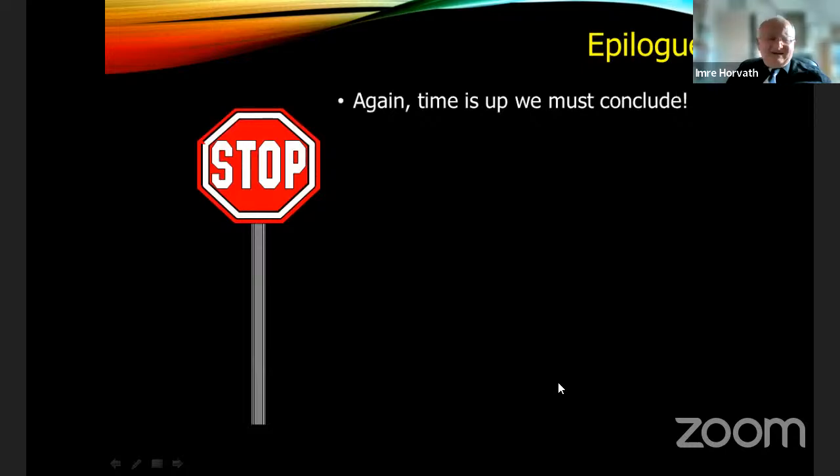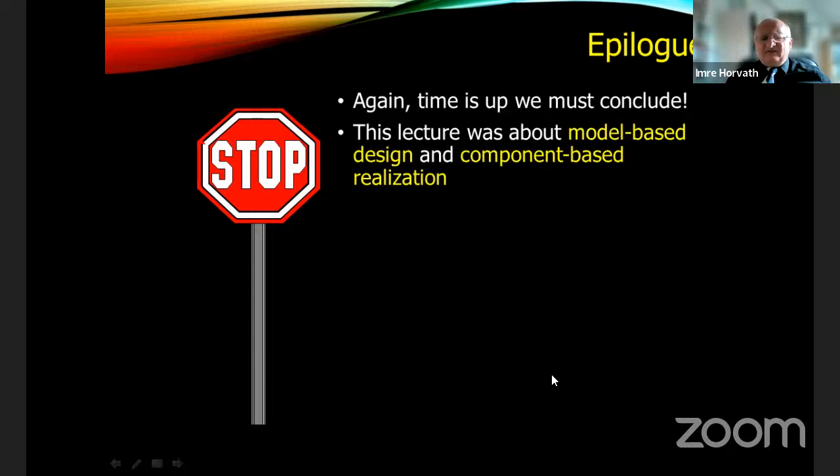So I have to stop now. We have some delays still, but at least I kept the time on my side and I'm happy with it. Here is a brief summary of what you heard and what your takeaway can be. This lecture was about model-based design and component-based realization. I made a kind of demarcation line between the two, but on my presentation you have seen that they are in effect inseparable because they have mutual dependencies.